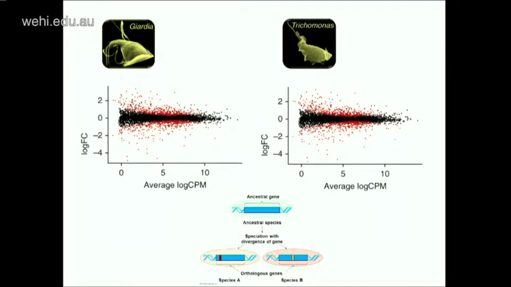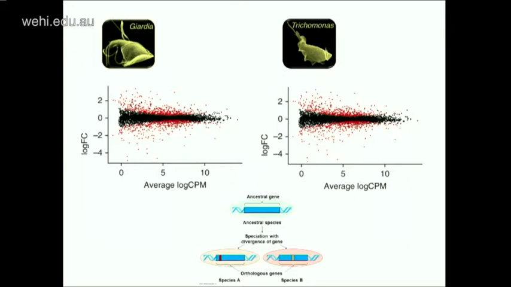And so on the x-axis, we have the average amount of gene transcripts that are present in the cell, and on the y-axis, we have, in the resistant state, whether a particular gene is turned on or turned off. And so if the level of gene activation or suppression is significant, then it gets coloured in red.